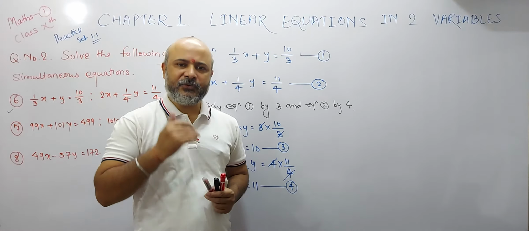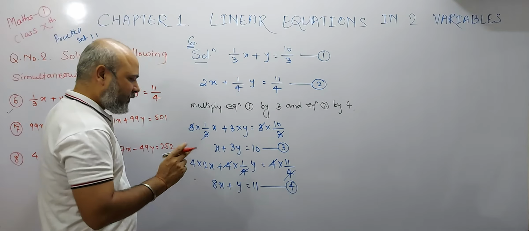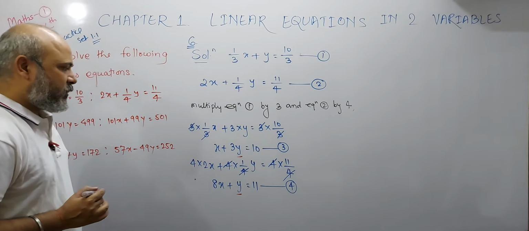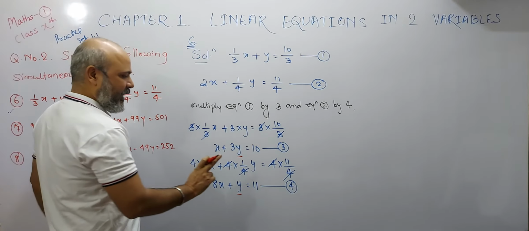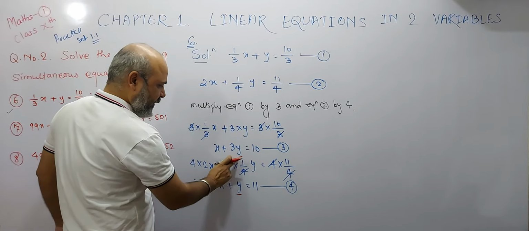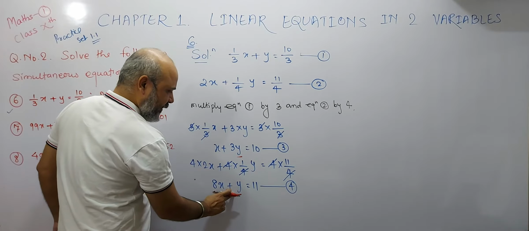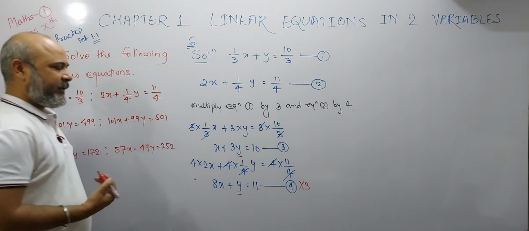If they have opposite signs, then you add. So here I am going to eliminate the y variable. I will check the coefficient of y in equations 3 and 4. Here the coefficient is 3 and here the coefficient of y is 1. So I am going to multiply equation 4 by 3.